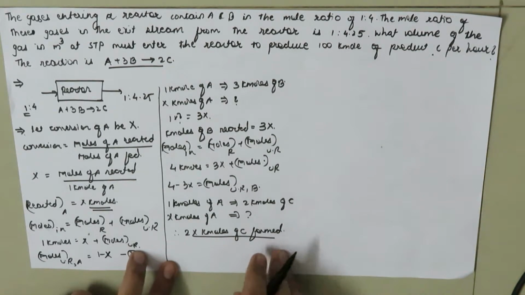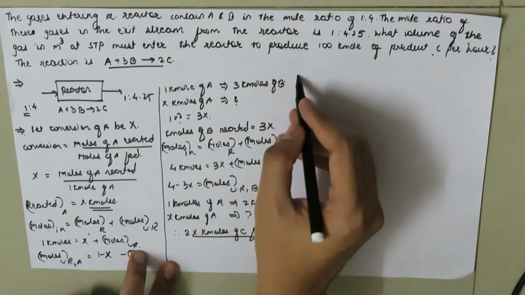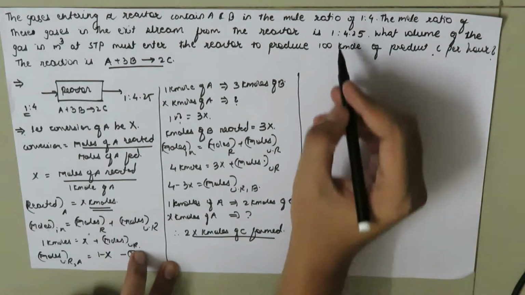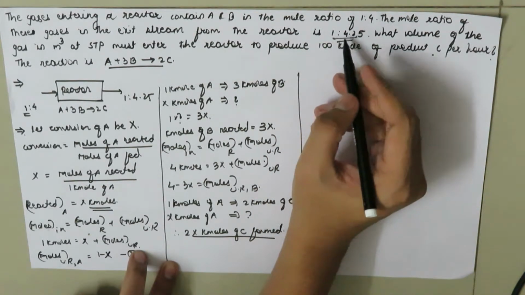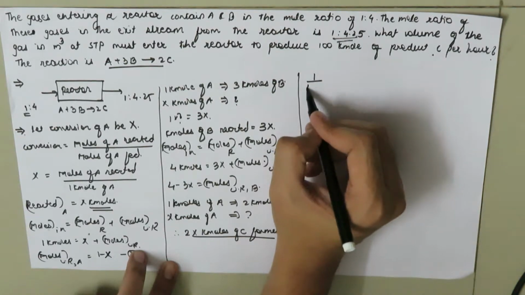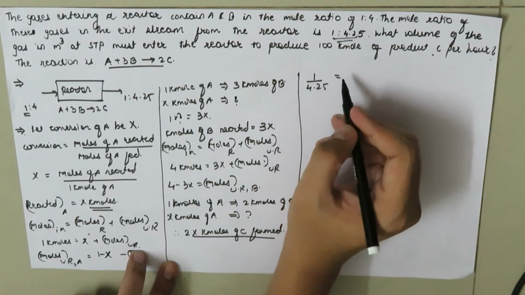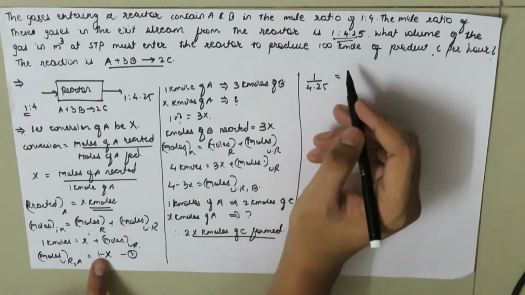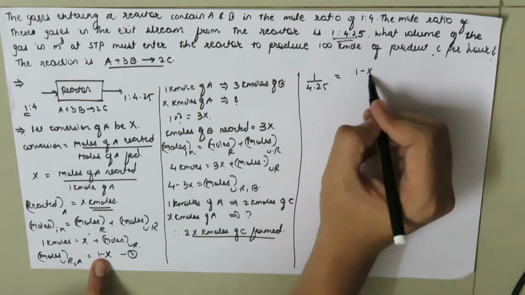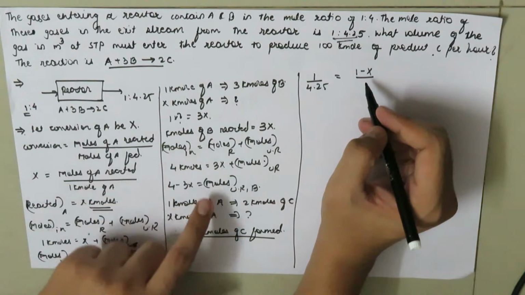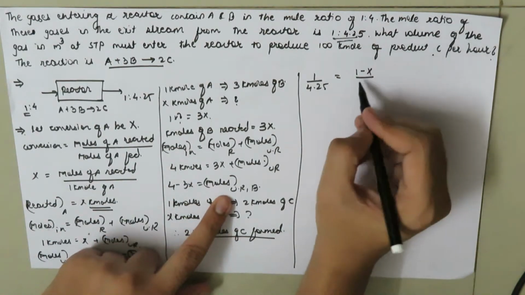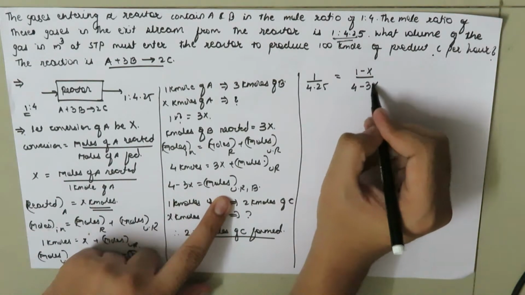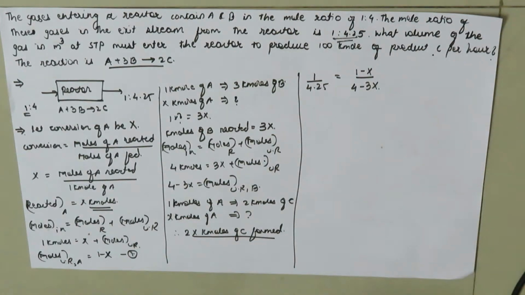And now we know the proportion of the product, so it is 1 over 4.25. So 1 over 4.25 should be equal to A in the product, which is A unreacted, 1 minus X, divided by B in the product, which is B unreacted, 4 minus 3 times X, and from this equation we can calculate the value of conversion X.